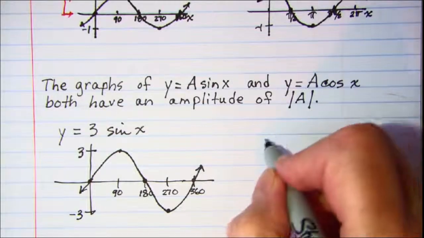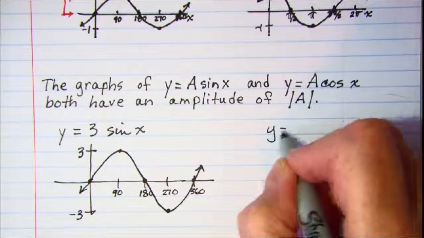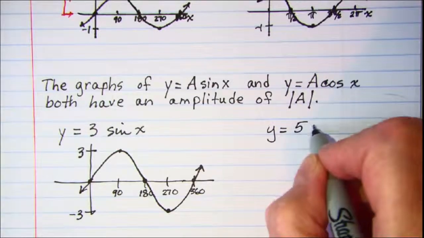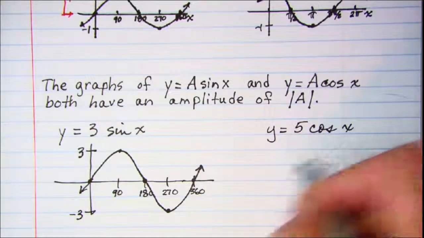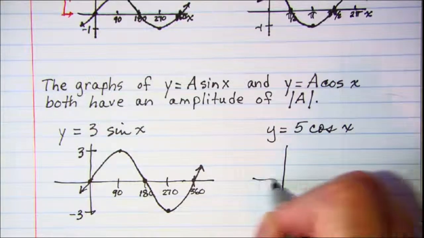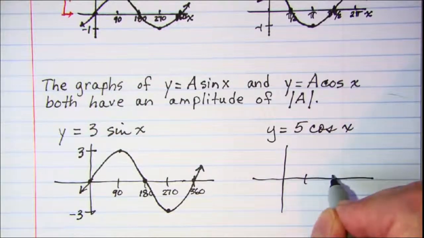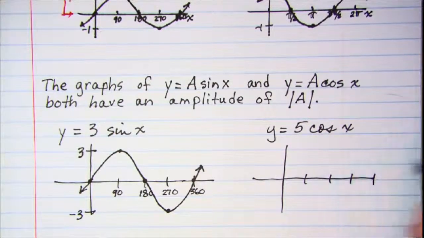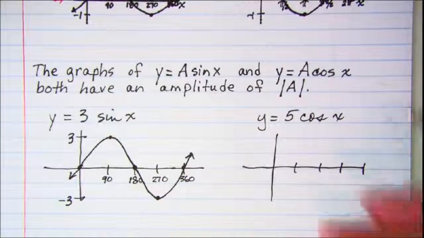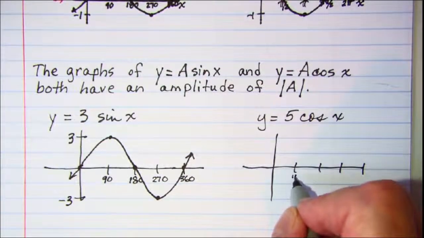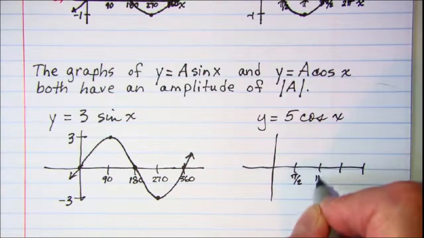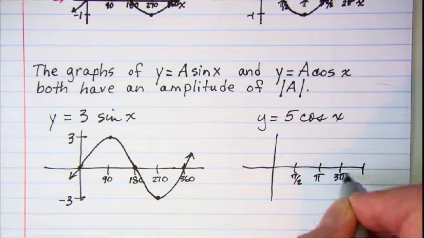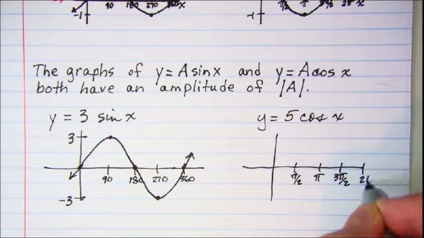So if I had y equals 5 cosine x, here are my 4 quadrants. Let's label this as pi over 2, pi, 3 pi over 2, and 2 pi.